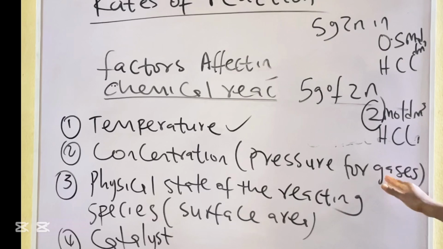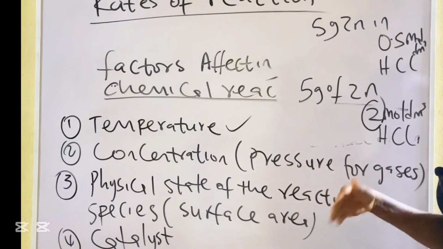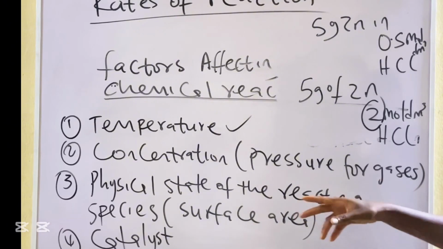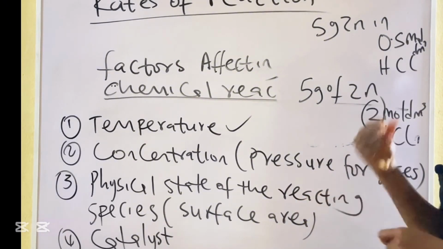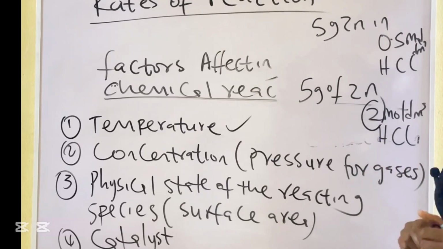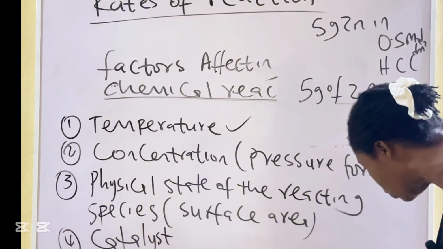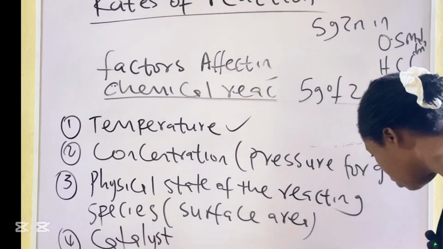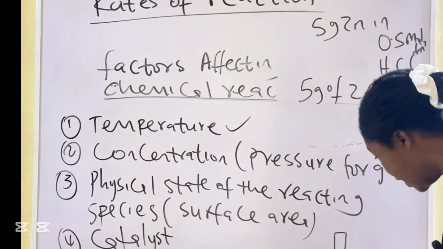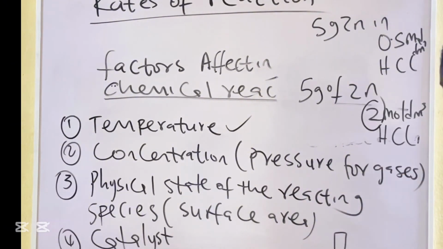So for pressure, if we're talking about gases, when you increase the partial pressure of the reactant, it's going to lead to what? Increase in the rate of chemical reaction. Look, if you have a reacting vessel, and this is a gaseous reactant, it means that the volume of this is going to reduce.